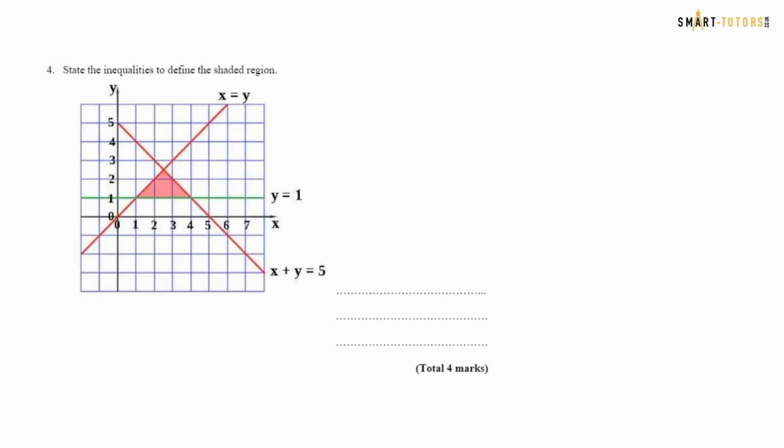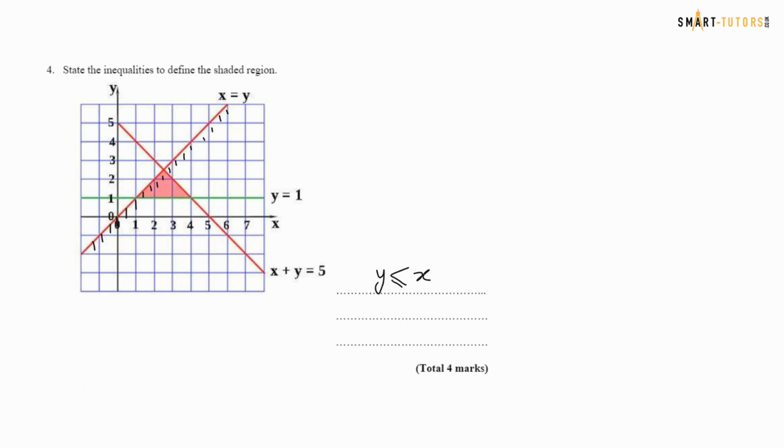Question number 4. State the inequalities to define the shaded region. First of all, y equals x is this line, and below that line is the shaded region. So if it is below, you need to use y less than or equal to x. It's a dark line, so I put the equal.